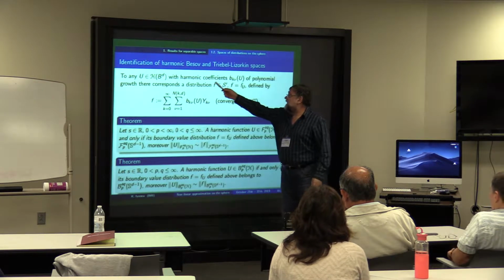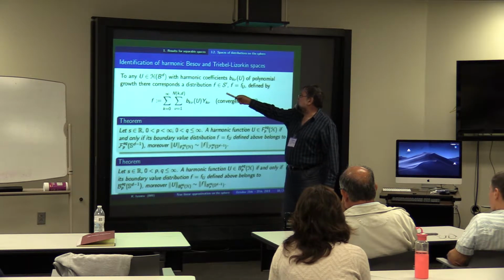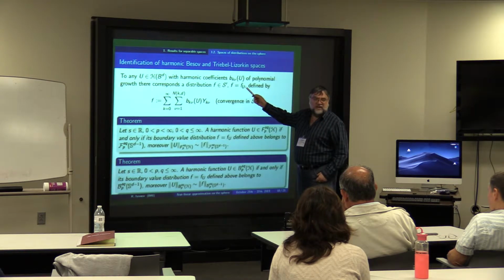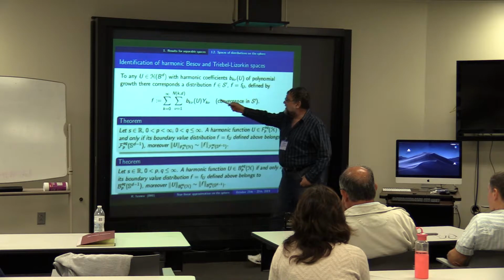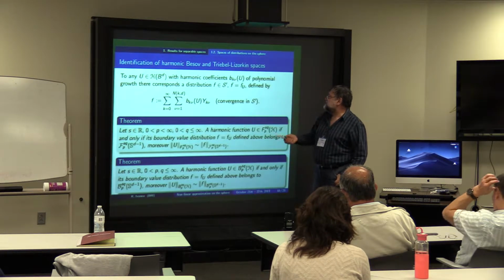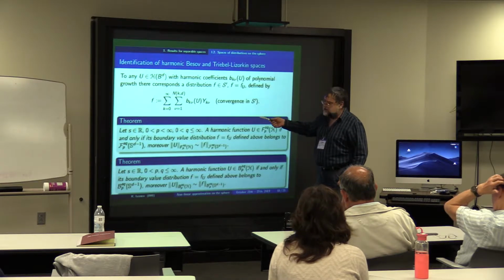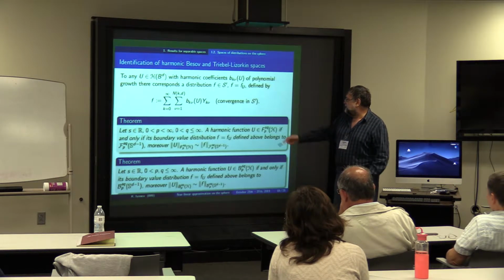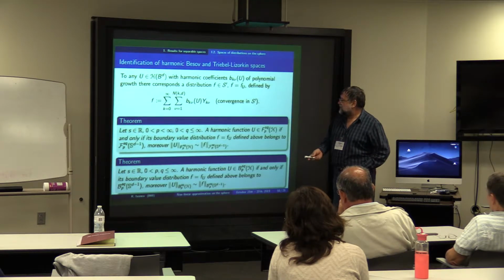Okay. For every such harmonic coefficients, we have a distribution on the boundary defined formally with this series. We have convergence in S prime, and we can give the following theorems.